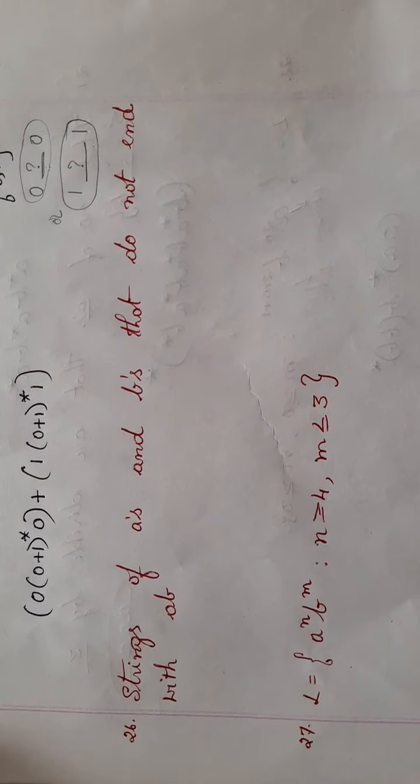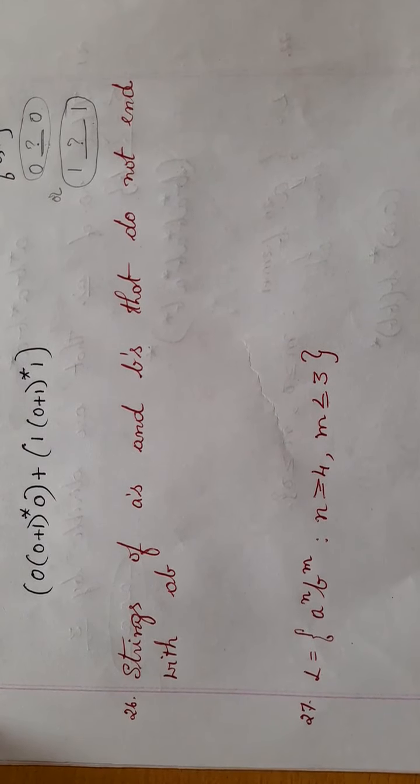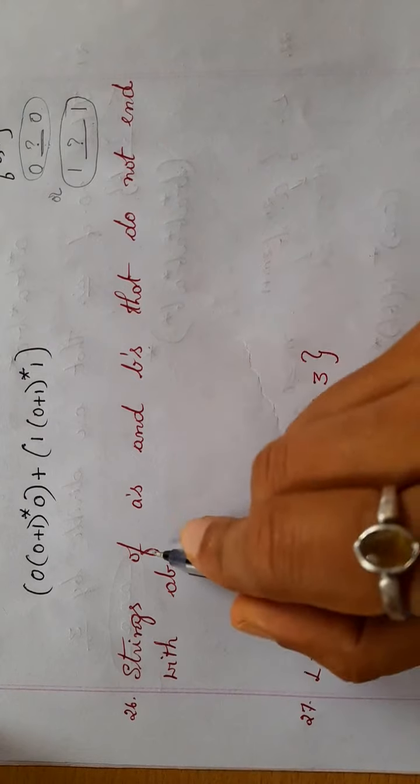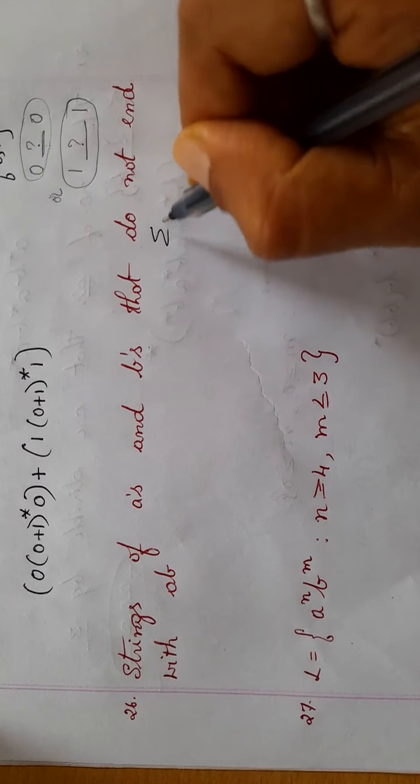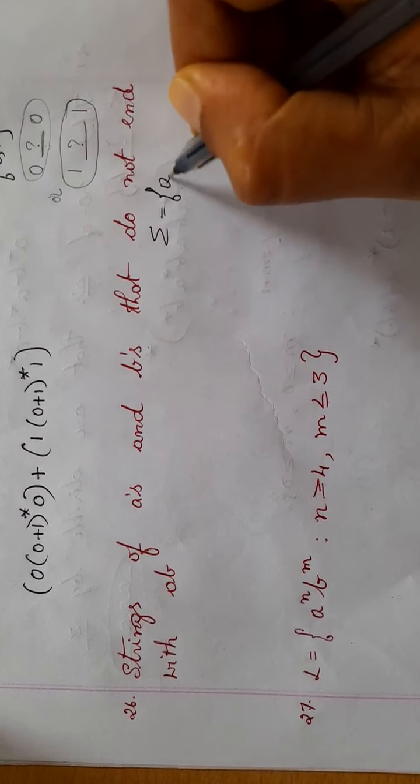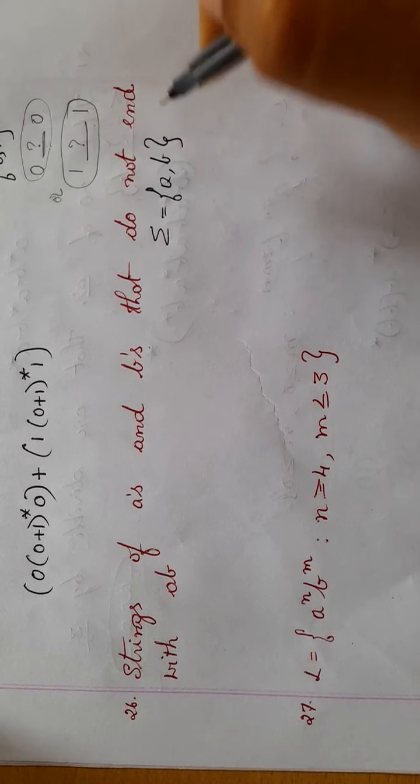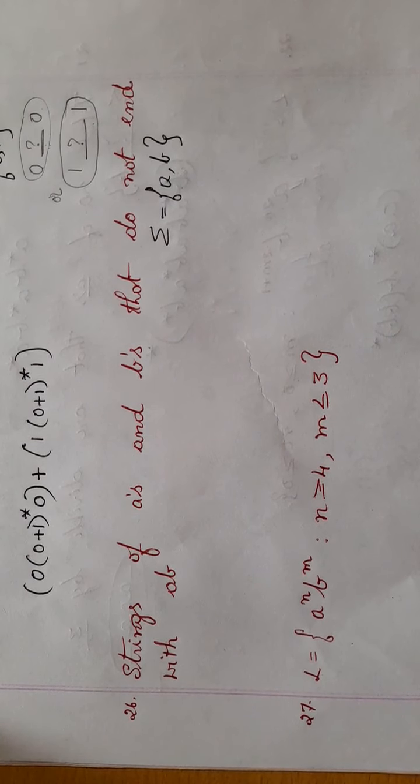The next problem, strings of A's and B's that do not end with AB. It shouldn't end with AB. My alphabet consists of A and B. What can you have at the end?